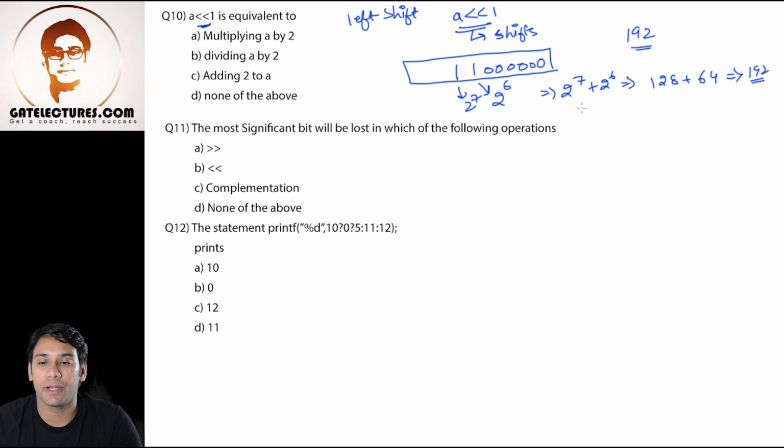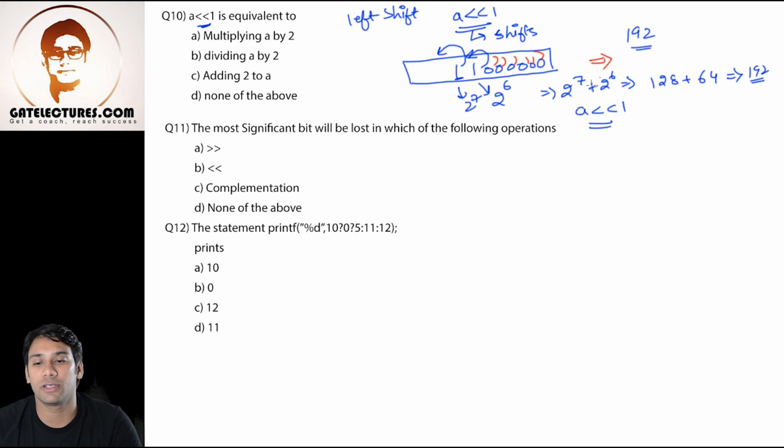So if we use this operator, this is a left shift operator. That means I'm shifting the bits. If this is a 1 byte variable, then this bit will be lost, and all the other bits will be shifted to their new locations.